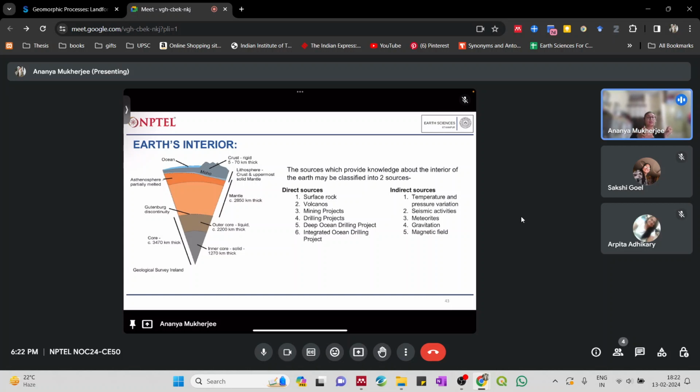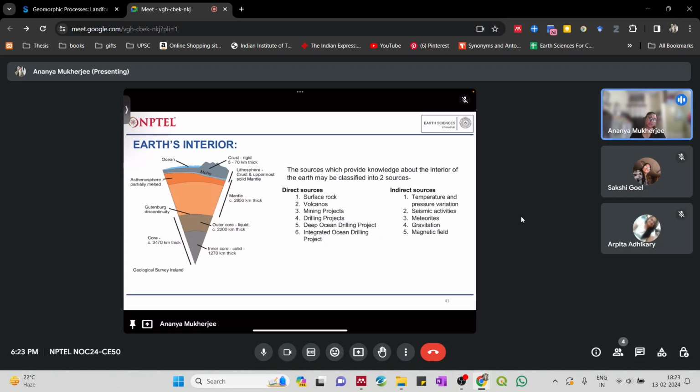When you get the samples, you can easily identify the composition of the material at different depths, and using those, people have tried to classify the different layers of the earth's interior. But most of these give us information about very shallow depths. Deeper depth information can be found from the Deep Ocean Drilling Project and other drilling projects that we have.